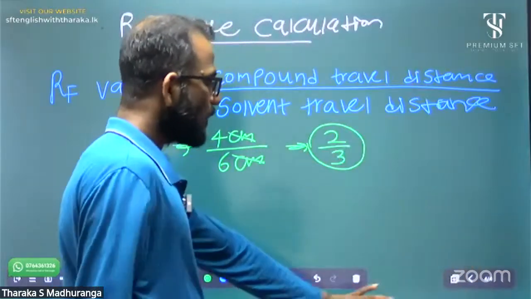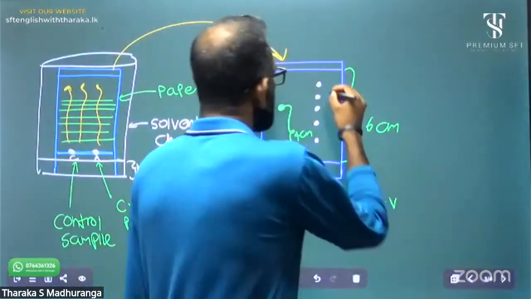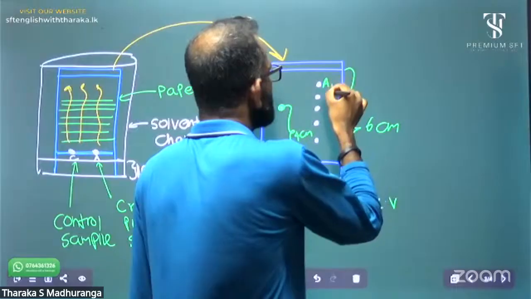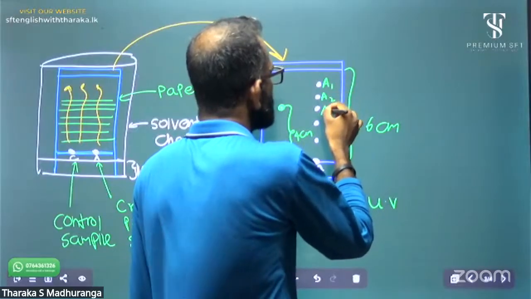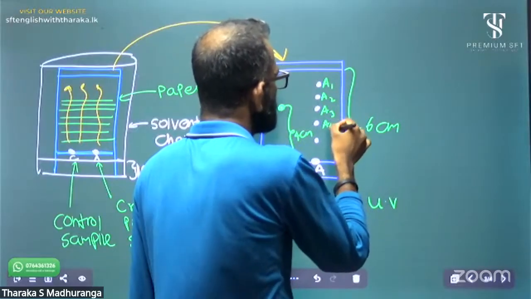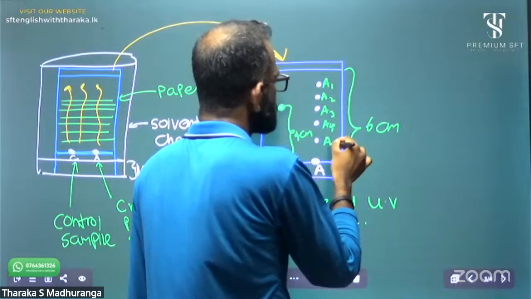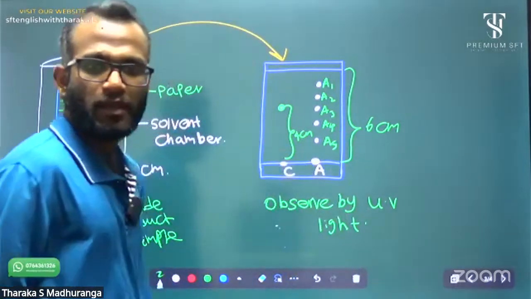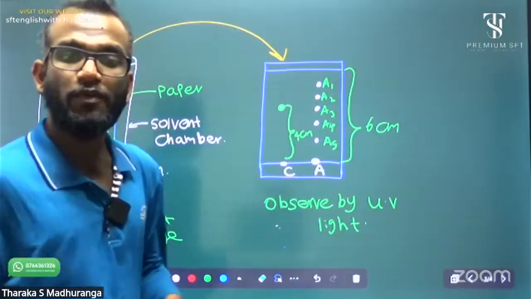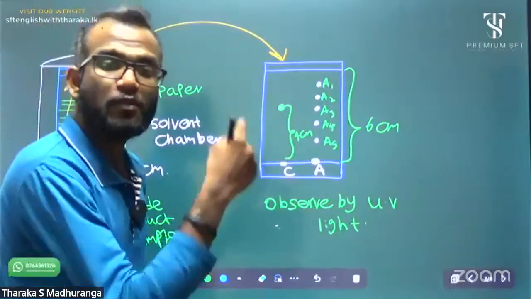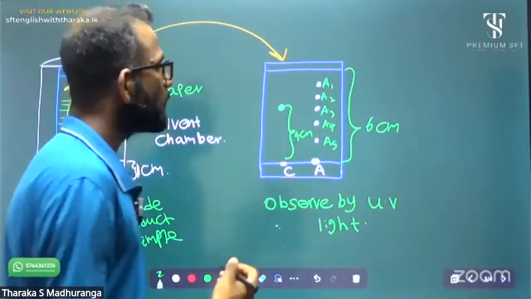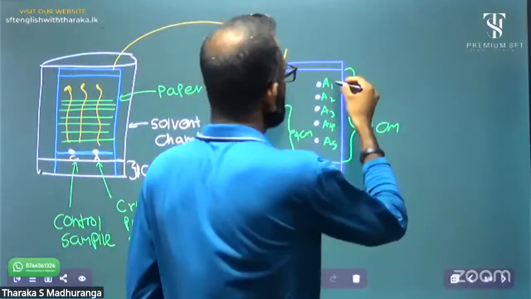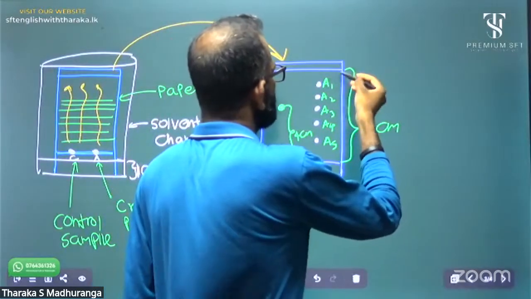Think, we can label A1, A2, A3, A4, A5. They are crude product samples. Let's take the distances.